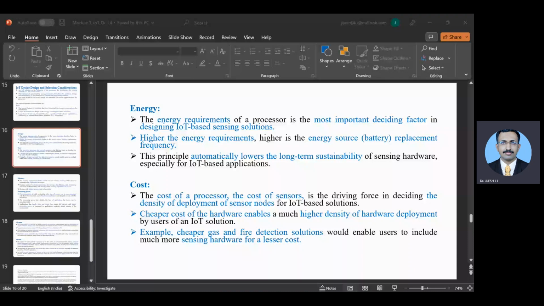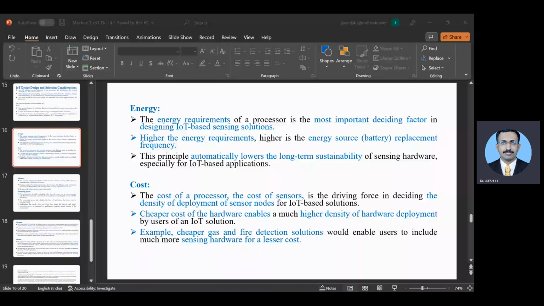What is memory? Memory means what? The memory requirement for the IoT, it is volatile and non-volatile memory. Then low data processing, data storage, data filtering, data formatting, all these things take place.